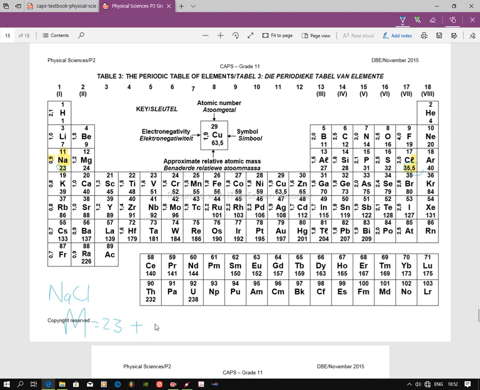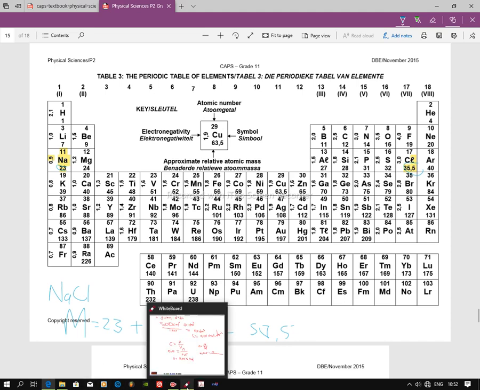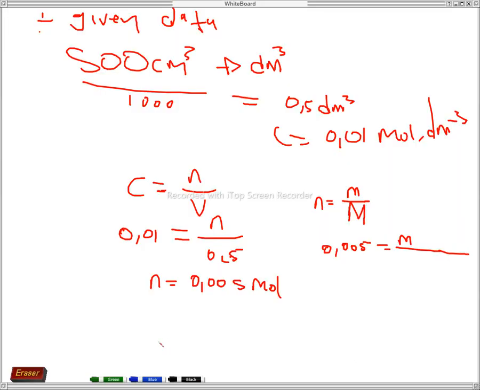23 plus 35.5 is going to give you something like 58.5. And then let's just substitute our molar mass there. Our molar mass is 58.5. That is how we calculated that. Then you can cross multiply here. This will multiply with that, and this will multiply with that.